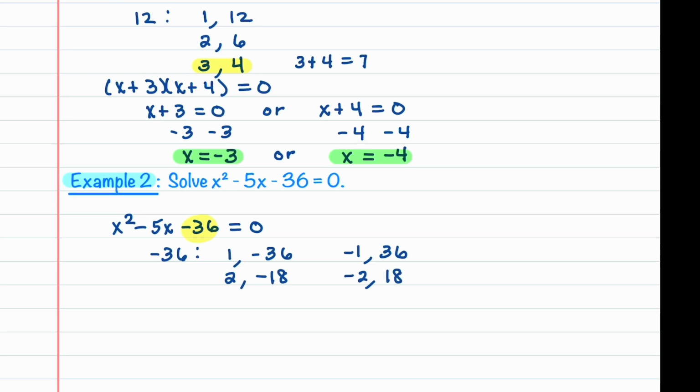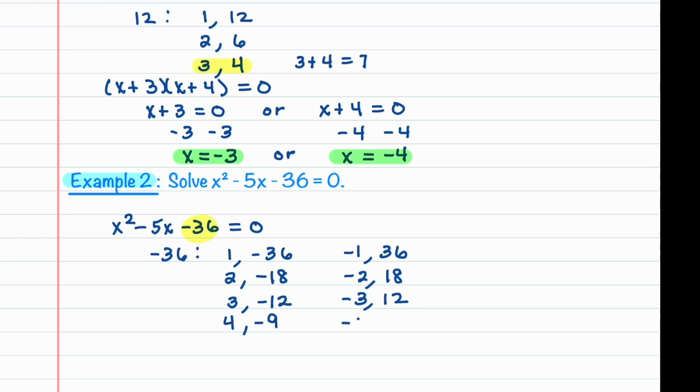Now let's go to 3. 3 goes into 36 12 times. So we have a 3 and a minus 12. And then on the right, we have a minus 3 and 12. And then does 4 go into 36? Yes, it does. So let's write down 4. 4 times 9 is 36, so we have a minus 9.